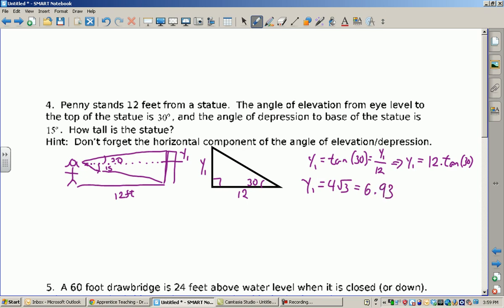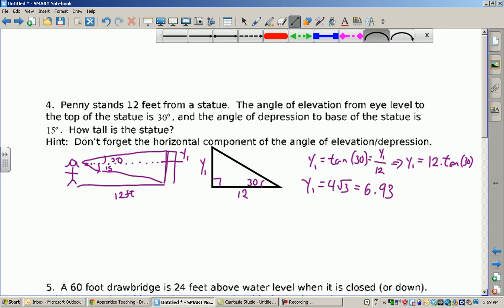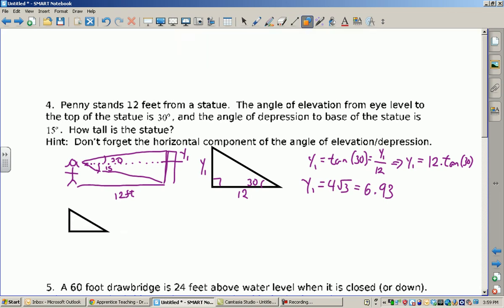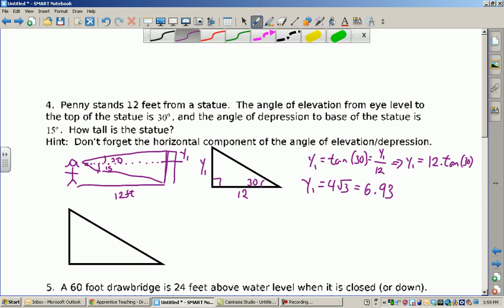Okay, now with y2, we're going to draw another triangle, and this will be the angle of depression that she was staring at. So we'll draw that down here. And she was looking downwards at a degree of 15 degrees. So that's this triangle right here. I've taken it and I flipped it.